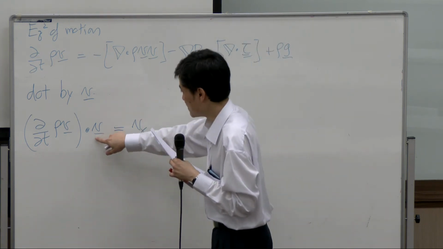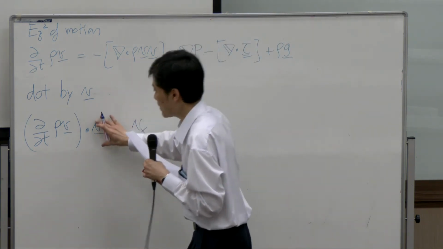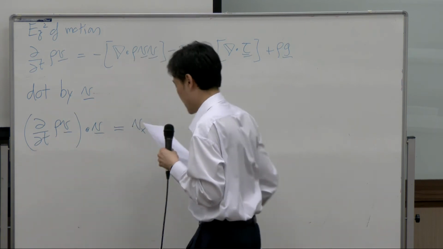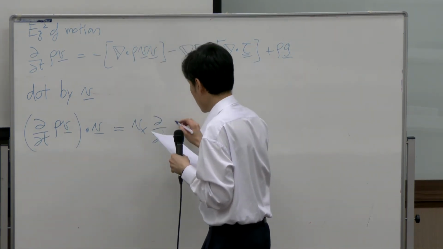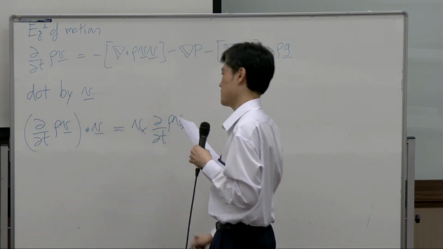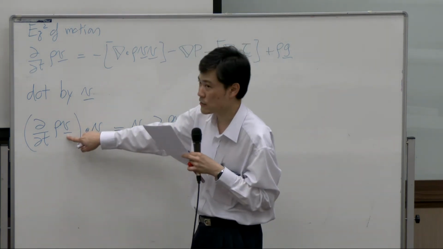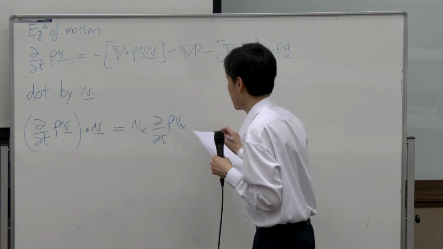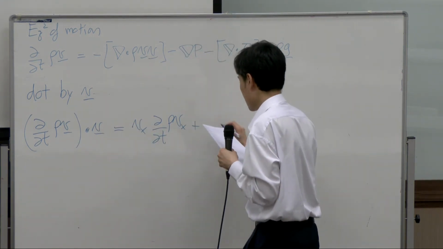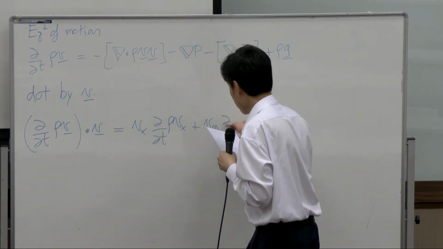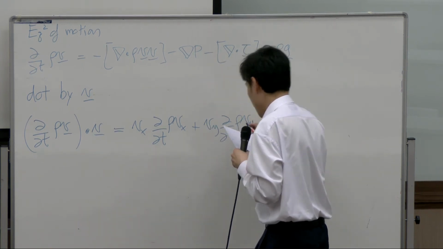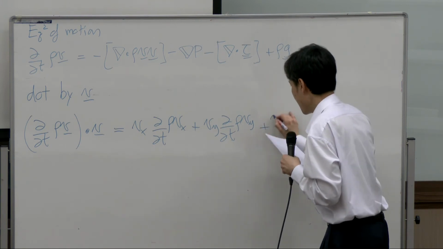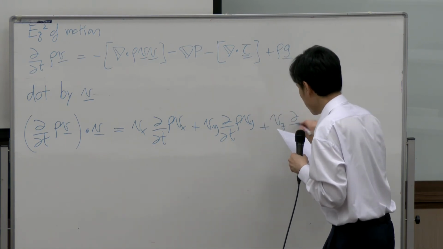The first component is vx, multiplied by the first component of this vector, which is del by dt of rho vx. Right? This is a vector, and the x component of this is vx. The second component would be vy times d rho vy by dt. And then the z component.